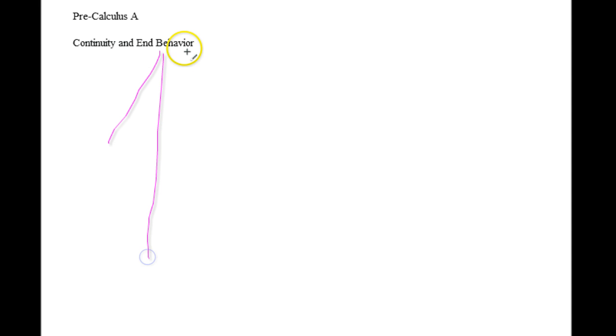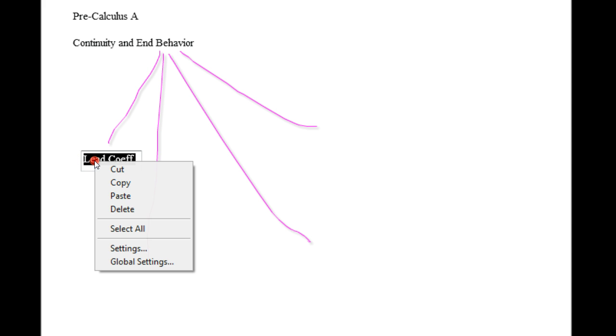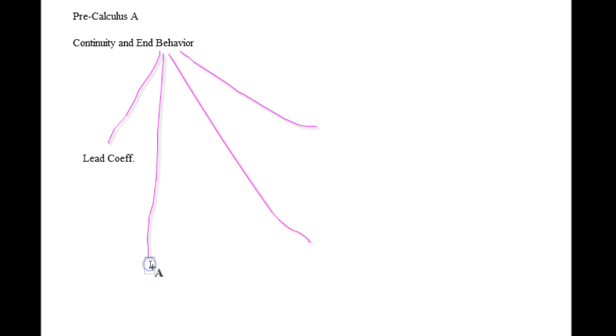You could have 1, 2, 3, or 4. You look at the lead coefficient. There are four situations that could happen, and we also want to look at the degree.